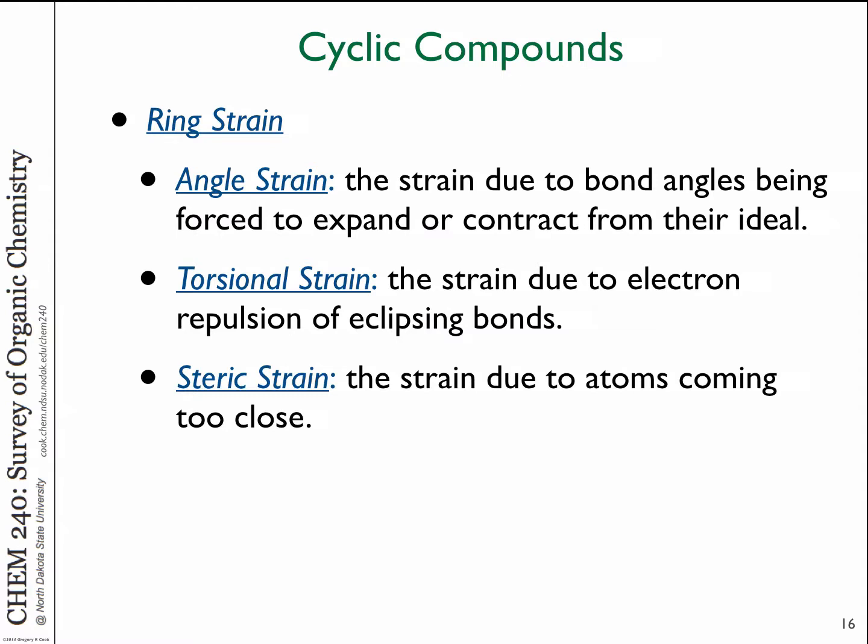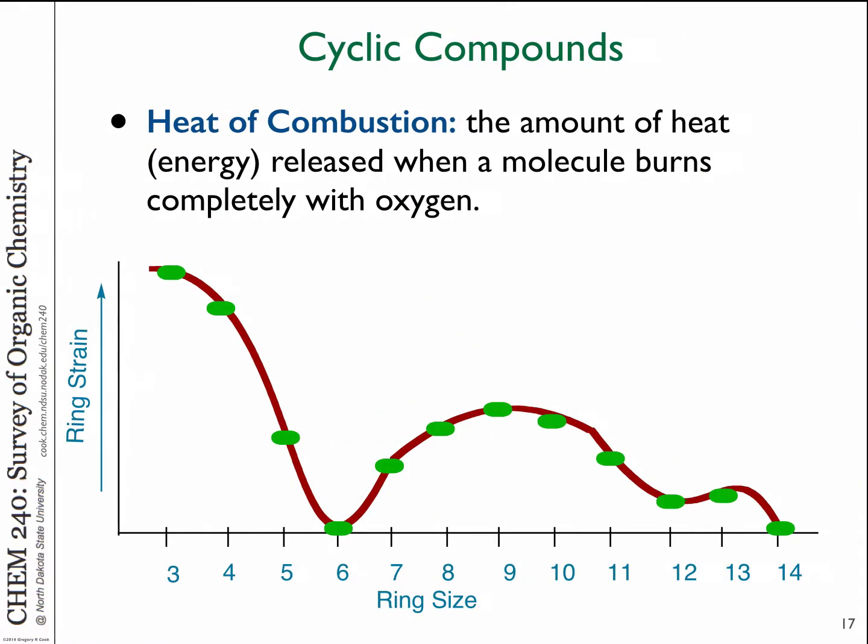And it's important to understand, I think, by looking at the three-dimensional conformations of ring compounds, how these strains develop. Now, if you were to take a series of cycloalkanes of different ring sizes, burn them, measure the heat release, and then normalize all that to the same number of carbons and hydrogens so you can directly compare, what we can see is that the extra energy of the molecule just due to the ring strain is different with different size rings.